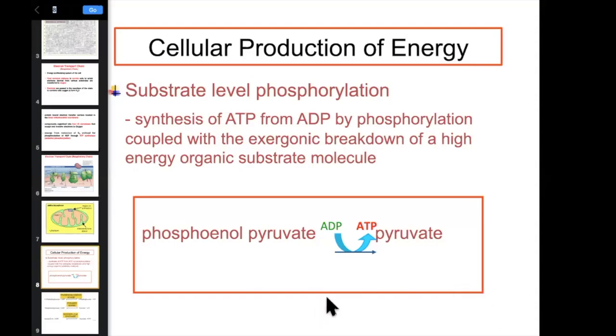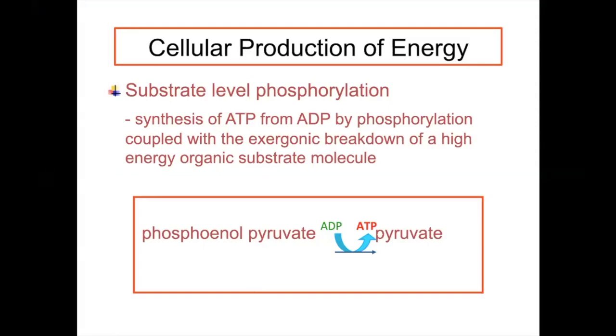Now, let's try to isolate this. There is substrate level phosphorylation, which is defined as the synthesis of ATP from ADP. So it's the synthesis of adenosine triphosphate from adenosine diphosphate.